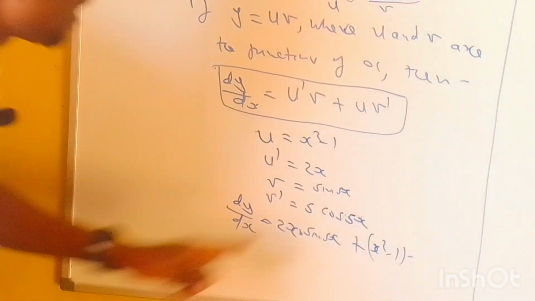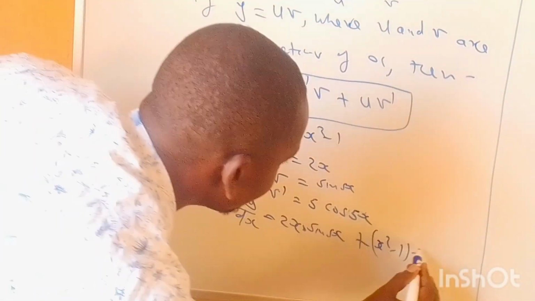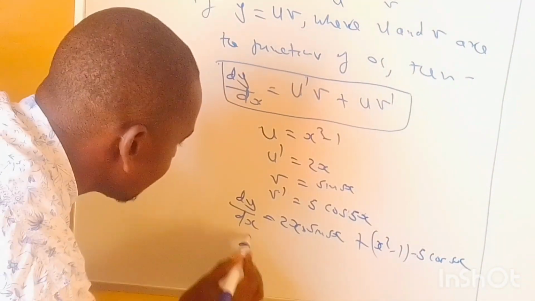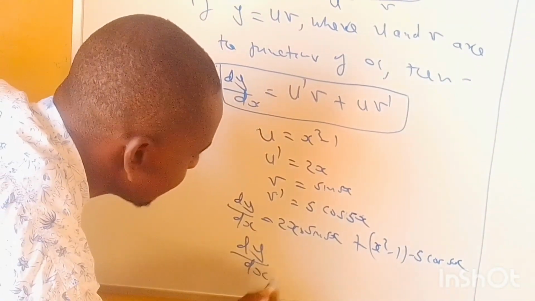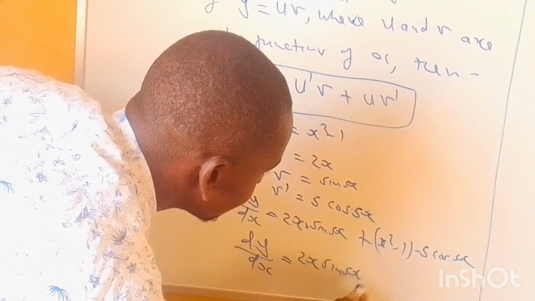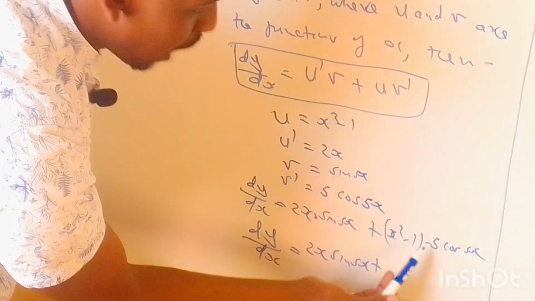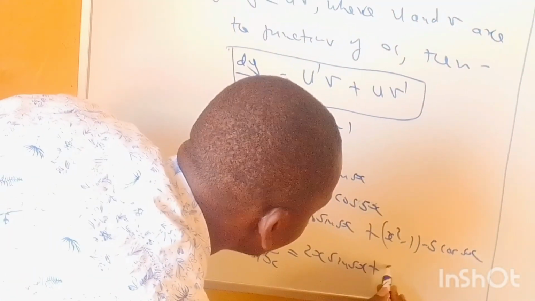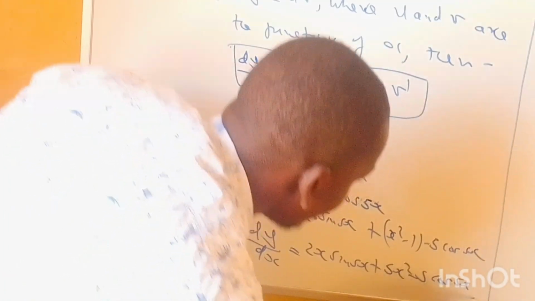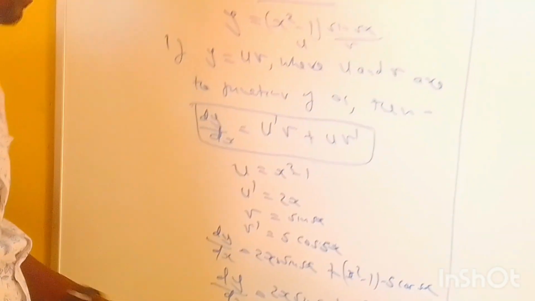Then we multiply by v prime, and our v prime is 5 cos of 5x. So to conclude here, dy over dx is simply 2x sine of 5x plus, you can multiply this one out, and we get 5 x squared minus 5 cos of 5x. And as simple as that, you guys, that is our answer.